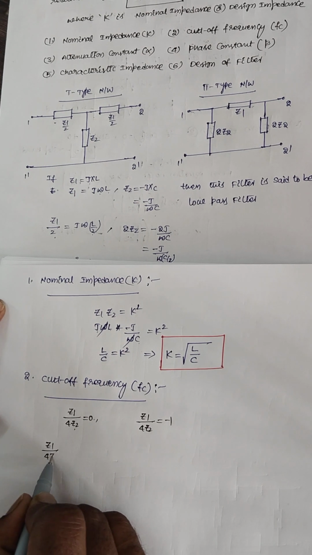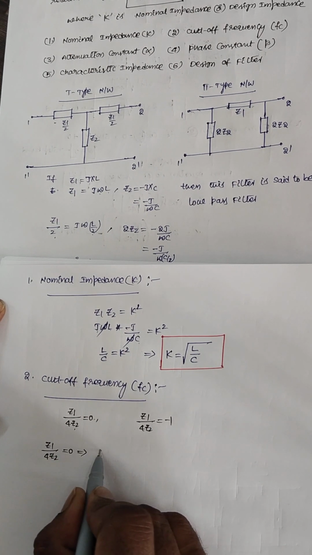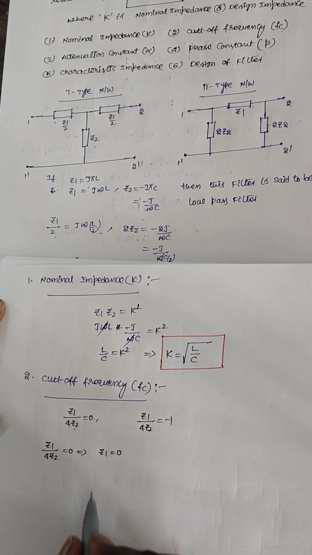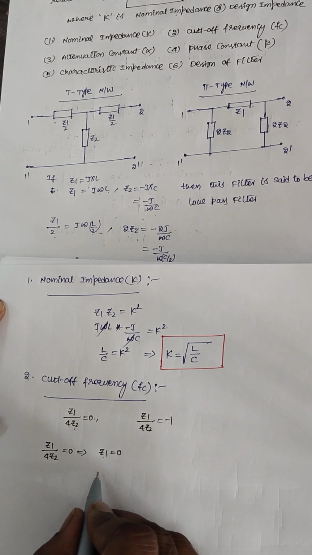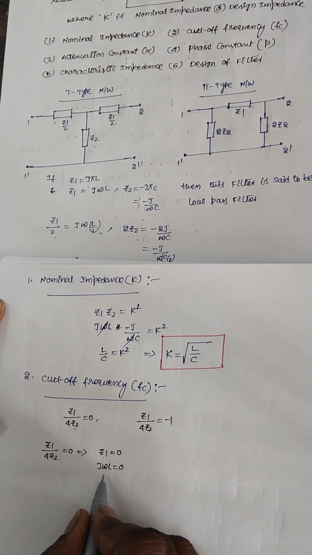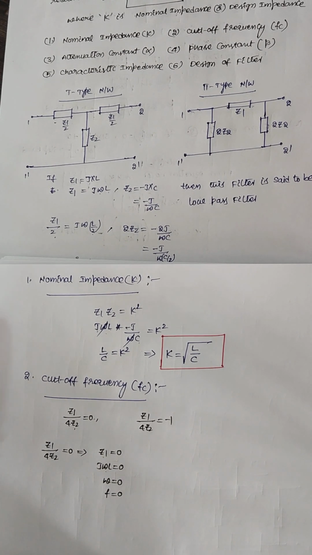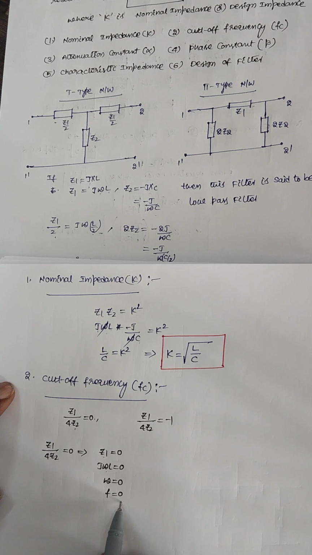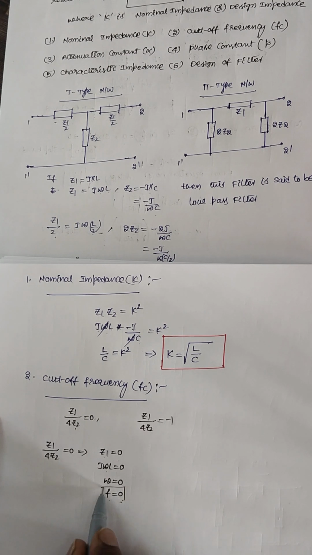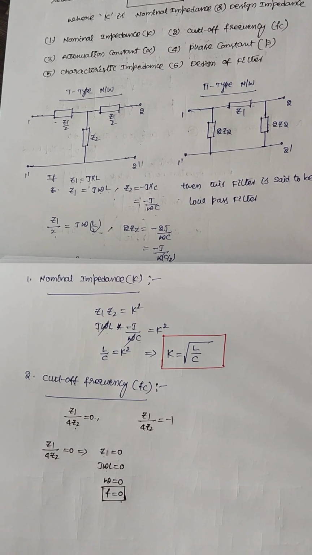Z1 is equal to 0 means J omega L is equal to 0. From this, omega is equal to 0. That means F is equal to 0. This expression will give the information about the frequencies from which the signal passes, the range. So it allows the frequencies from F is equal to 0.